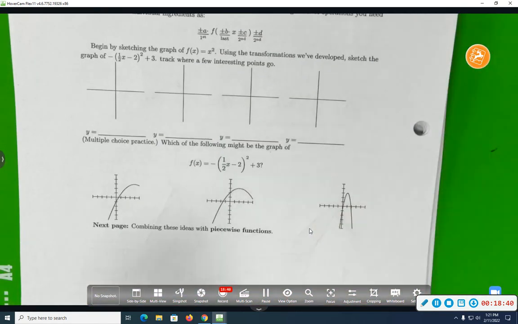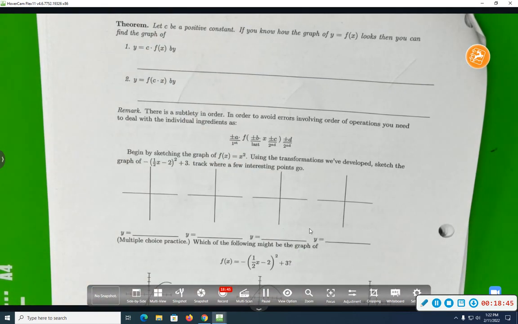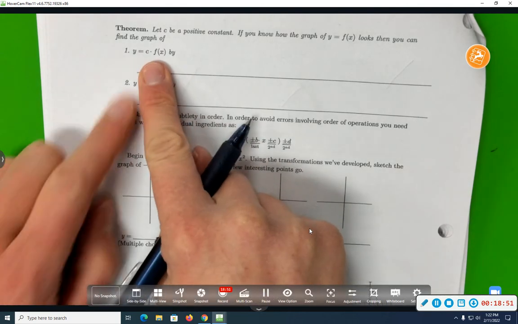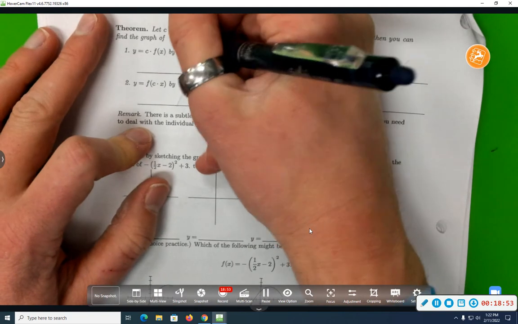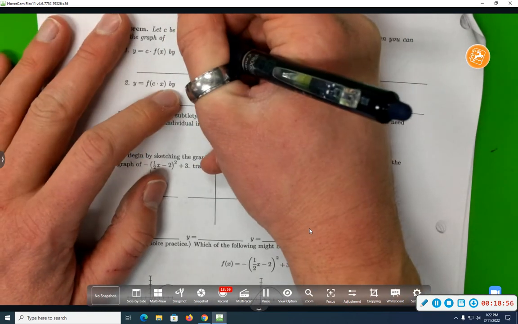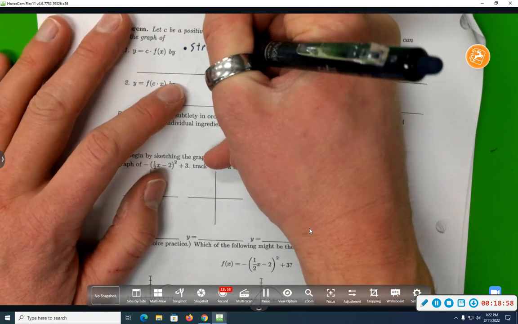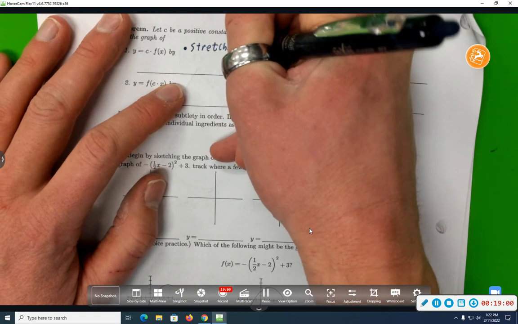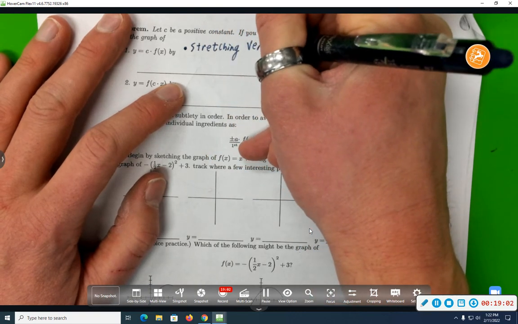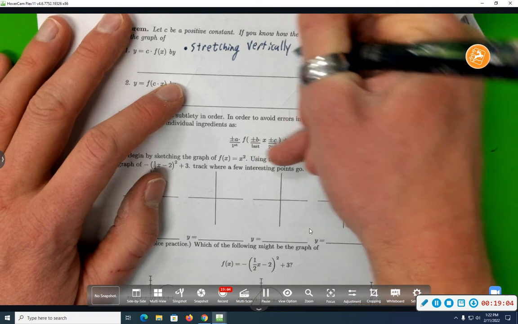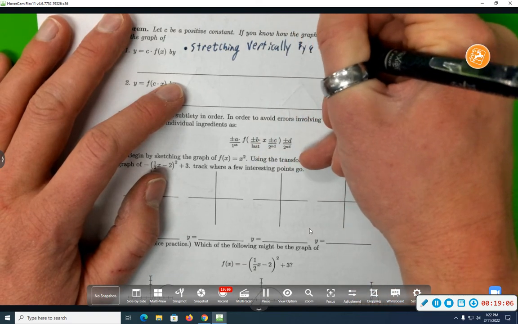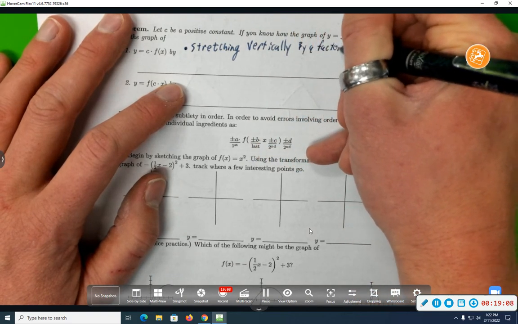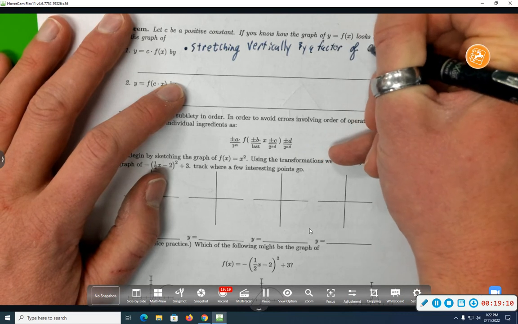So, here's the general principle. Let c be any positive constant: 5, 23, 6, doesn't matter, 0.5, anything positive. The graph of y equals c times f of x is given by, and I like this two ways, I think, stretching vertically by a factor of c.